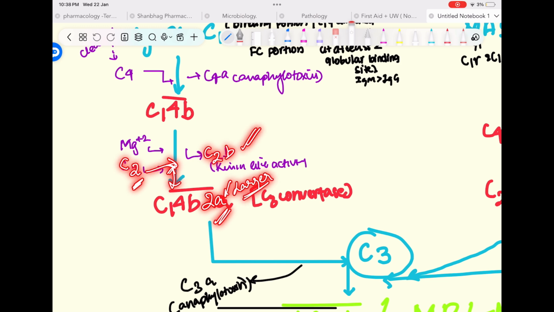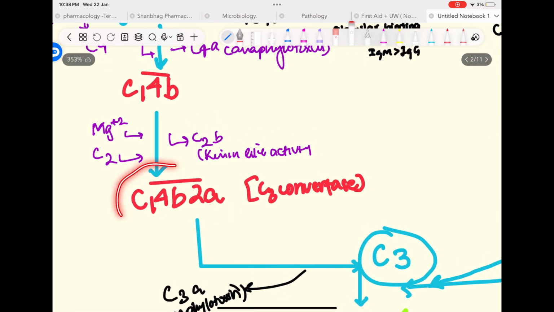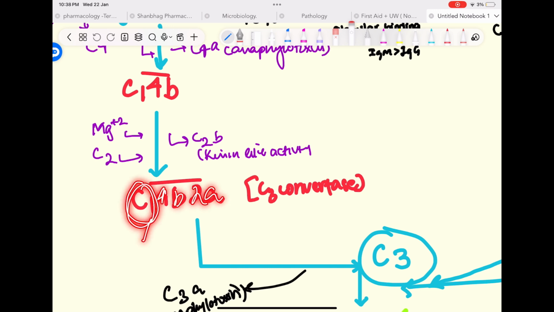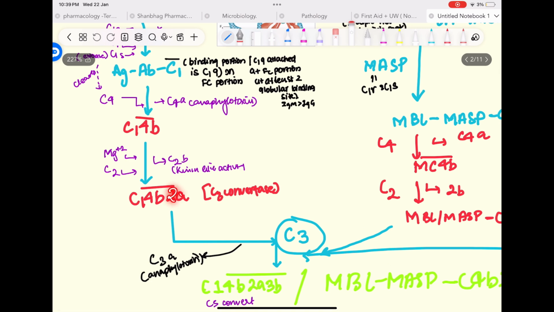Hence, we have attached 2A to this system. Now, we've already made this protein, which is C1, 4B, 2A. C1 comes from the attached C1 molecules, C4B comes from the activated C4 protein, and the other molecule is used in the other parts following the membrane attack complex. And the other is 2A.